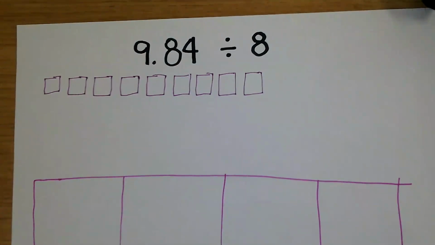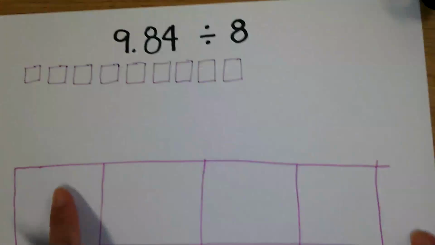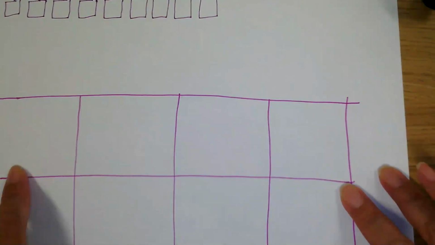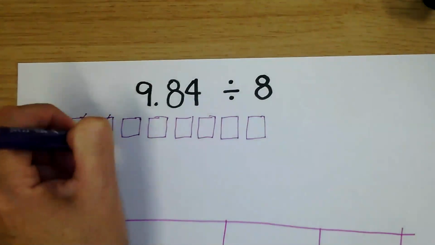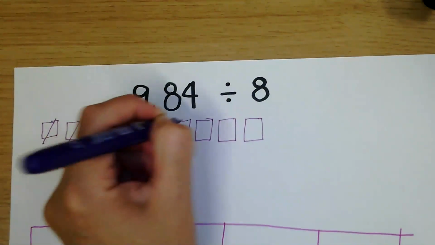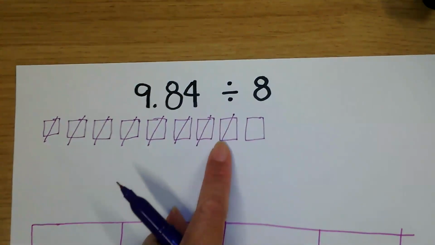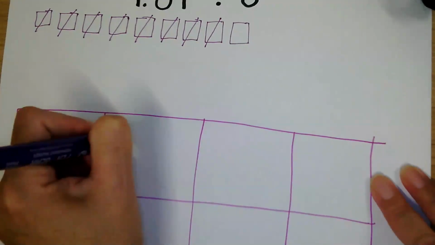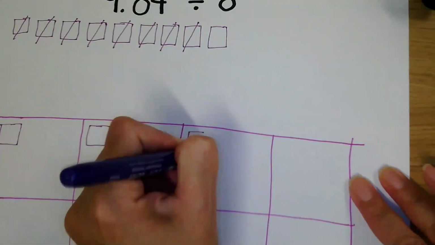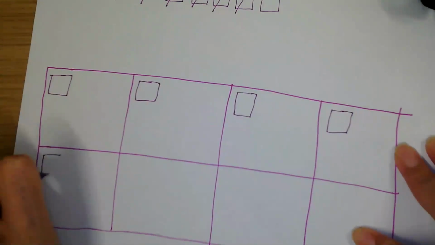So we're going to distribute these 9 wholes among our 8 different groups. We can divide up to 8 into these groups, so each one of these groups is going to have 1 whole.